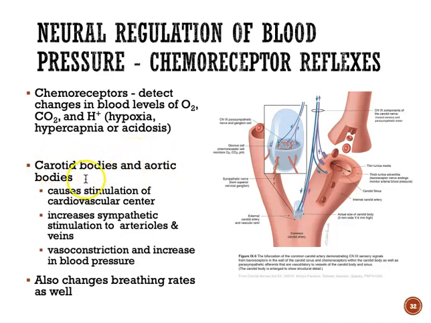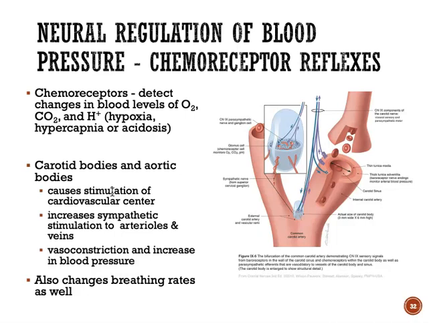And depending on what they pick up, they can cause a stimulation of the cardiovascular center of the medulla. So again, if they're finding that there's too much carbon dioxide, not enough oxygen, very high levels of hydrogen ions, they can send signals to the brain saying, okay, we have to increase our heart rate, our breathing rate, all of that.